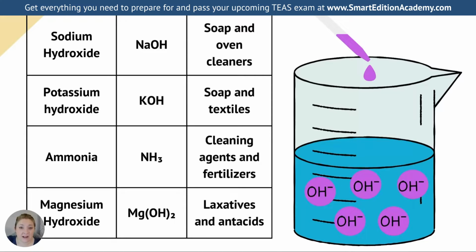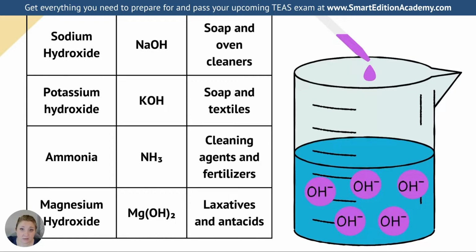And again, you might notice a pattern of familiarity with the chemical composition of these. As you take a look at the chemical formulas, you'll notice a pattern. The NaOH, KOH, and Mg(OH)2, you'll notice that OH as a part of the chemical formula. Remember that those are bases because as you drop them into the water, that OH is going to separate, increasing the OH concentration in the water.